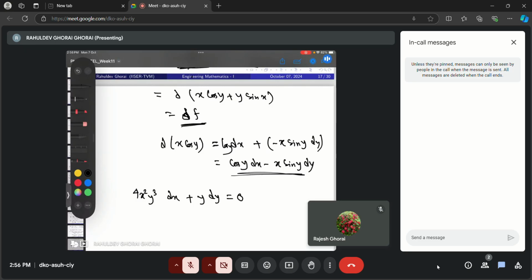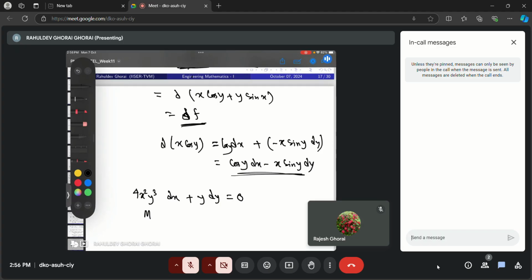So this differential equation is not exact.